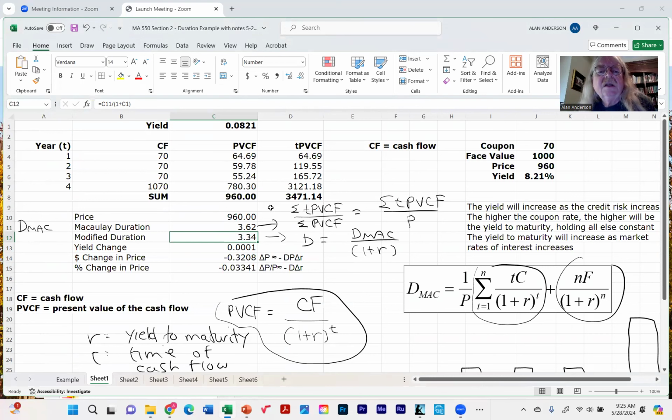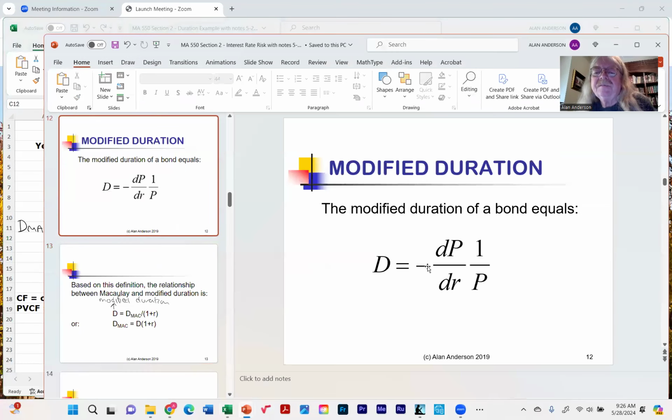3.34. Now, this is a much easier number to interpret because if you look at this definition really quickly, what you're seeing here is that the modified duration is basically the slope of the price yield curve.